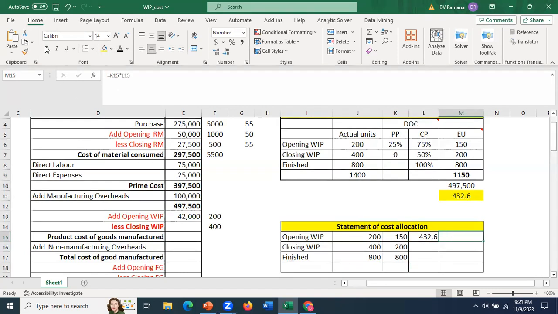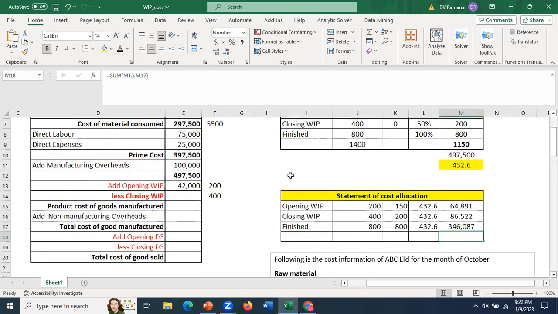So therefore, the corresponding cost allocated to the opening work in progress during this period to complete that and make it finished product is 64,891. The cost per unit for closing work in progress is same. So the amount spent on closing work in progress is 86,522. And the amount spent on the finished product is equal to 340.